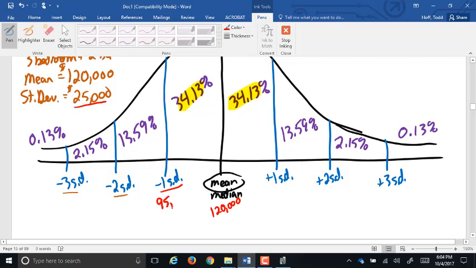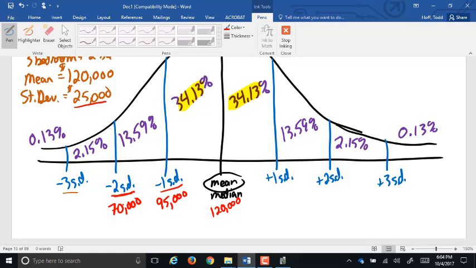So we subtract, that gives us 95,000. Well, our next step down, we subtract another standard deviation. So 95 minus 25 gives us 70,000. And we go again, we subtract that standard deviation again. 70 minus 25 is 45,000.